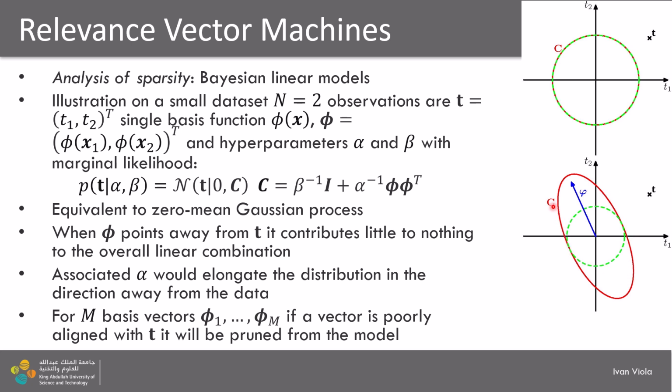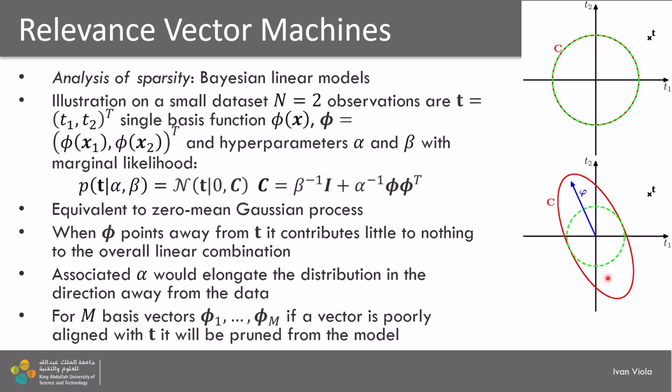And if it is not pruned, then our covariance matrix is actually getting this elliptical shape, and it in fact distributes more density towards the direction where we definitely do not have any of our t values.